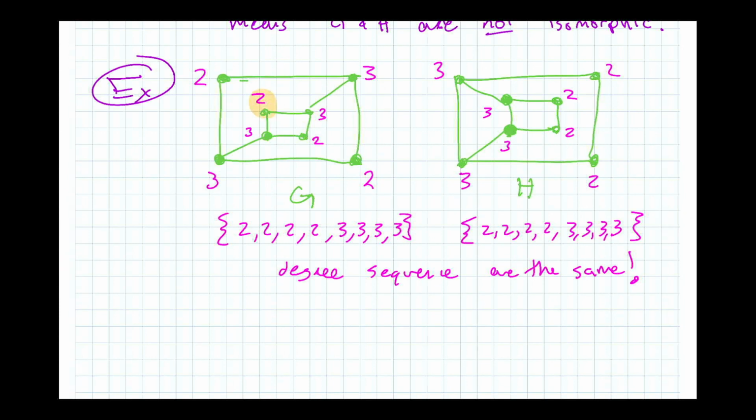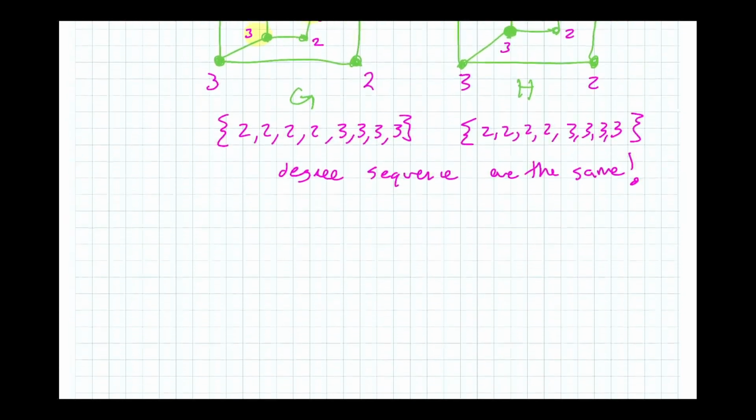here's a vertex. It's a degree 2 vertex that's connected to a degree 3 and a degree 3. And over here, of all the degree 2 vertices, there's no degree 2 vertex that's adjacent to two degree 3s. This one's 3 and 2. This one's 2 and 3. This one's 2 and 3. So you see there's no corresponding vertex over here.